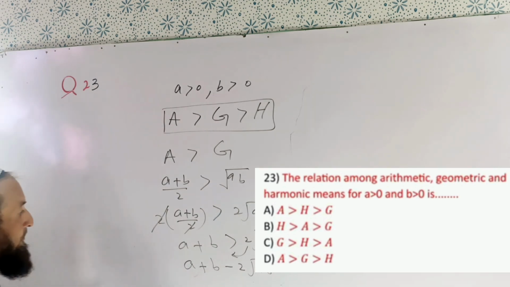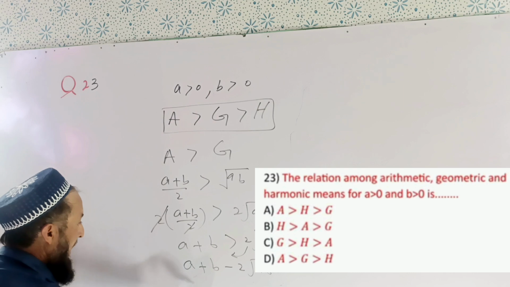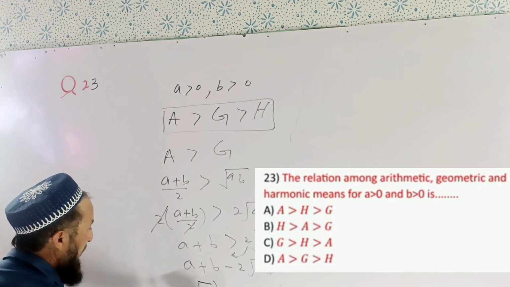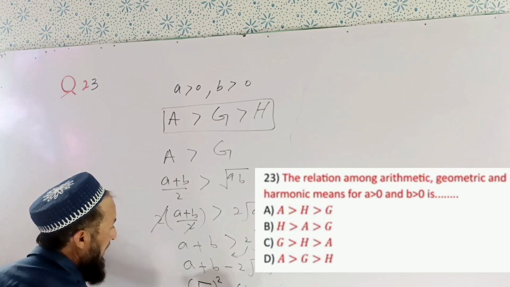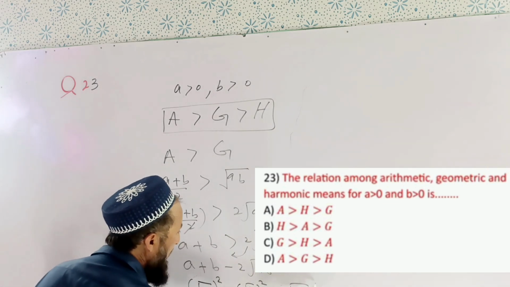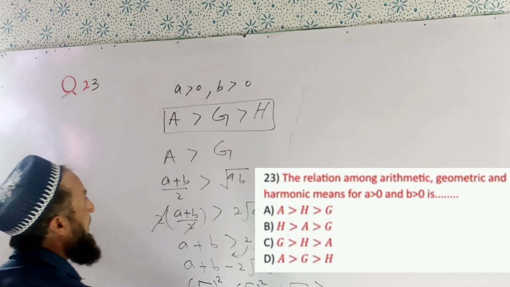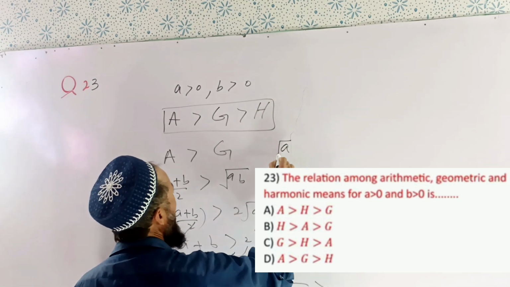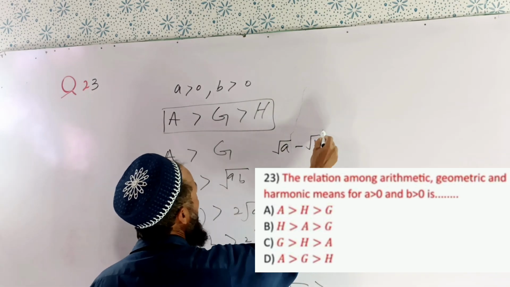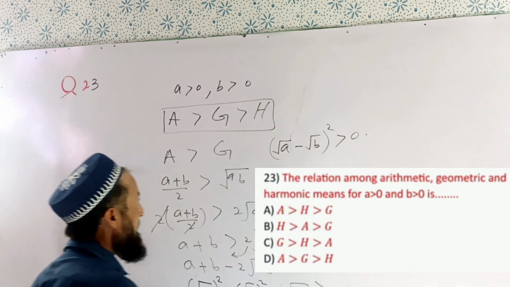Now look here, we can write this result as root A whole squared plus root B whole squared minus 2 root AB greater than 0. So we can write root A minus root B whole squared is greater than 0.